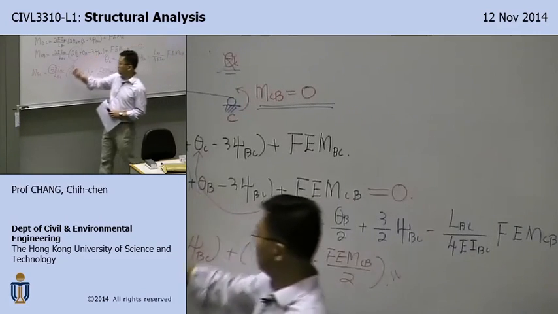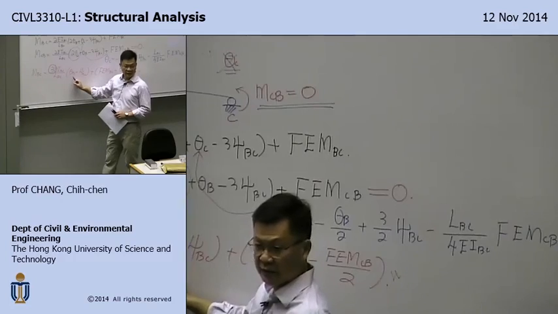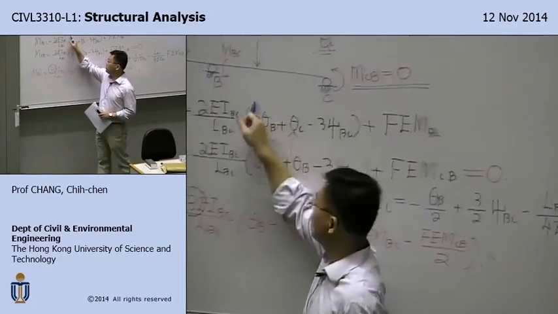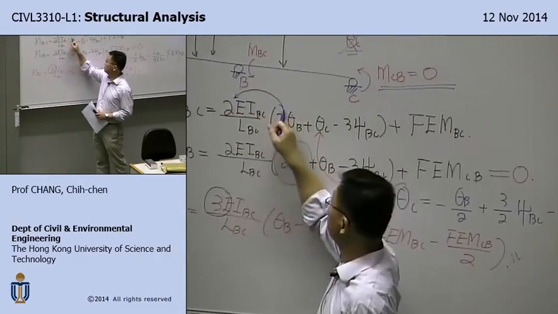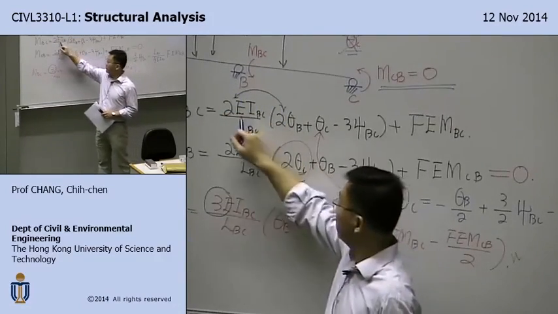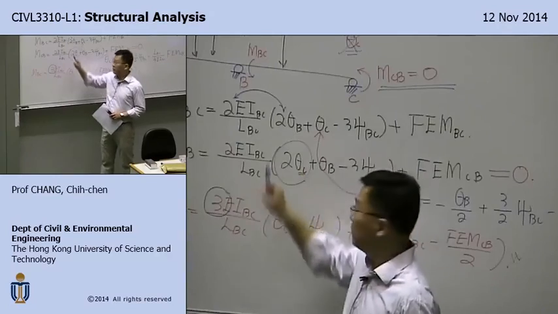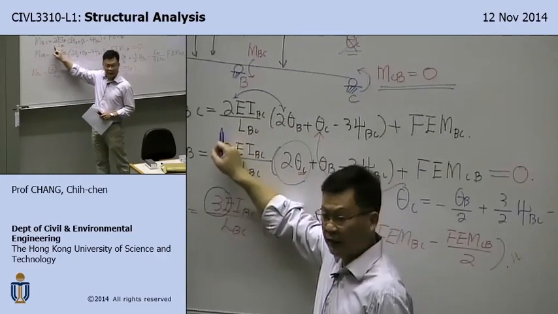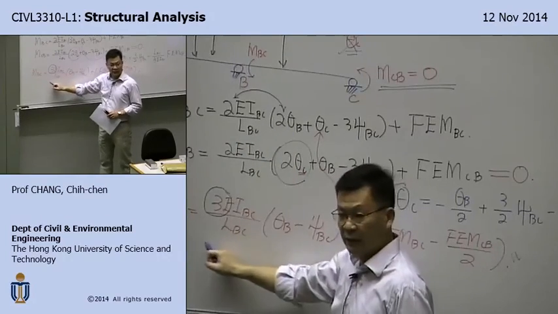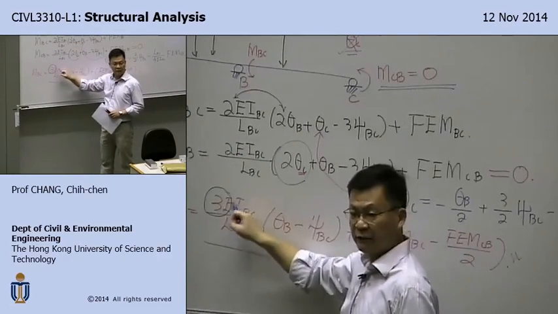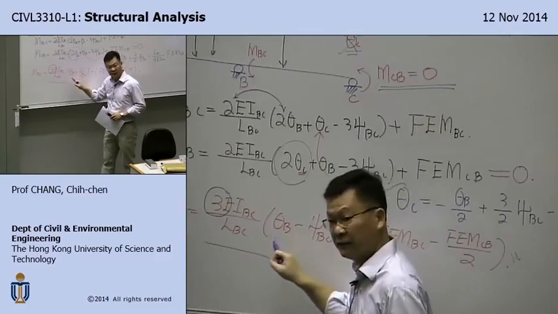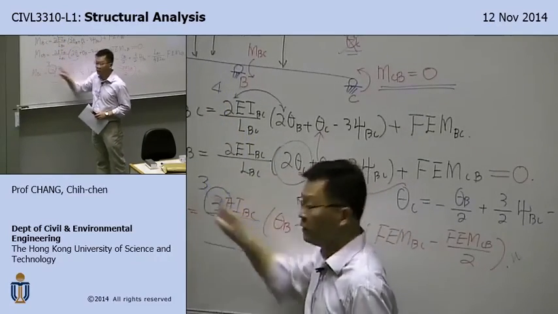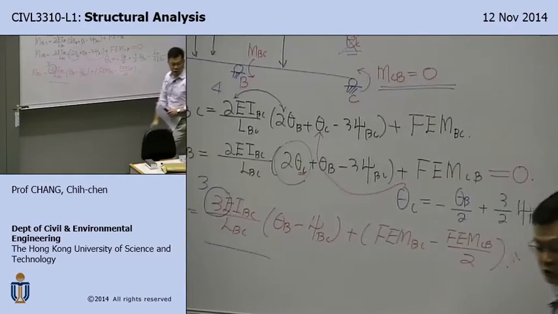Now this is referring to theta B. Compared to the original equation, which has a factor of 4 for theta B. So the original equation has a factor of 4 EI over L for theta B, but the modified equation has a factor of 3 EI over L for theta B. So it's a 4 versus 3 ratio.